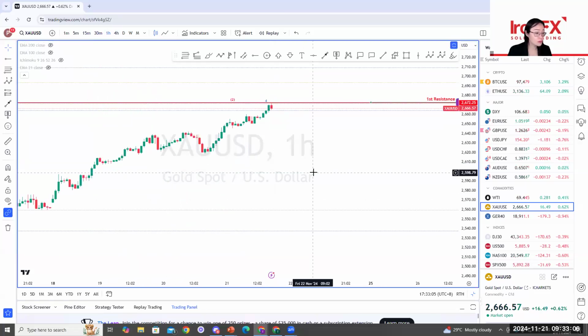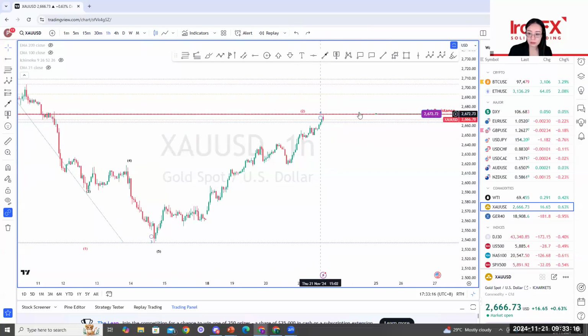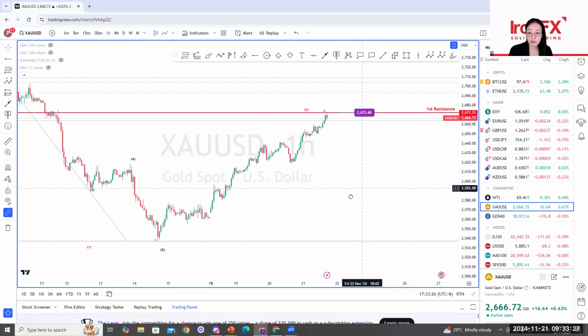Anyone sell gold? Does anyone sell at this price? Okay, but you see that price is in a very strong uptrend here.